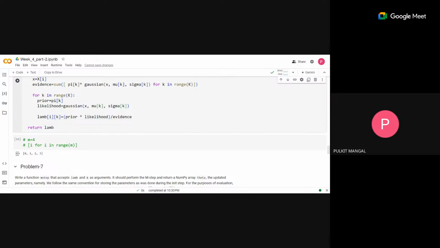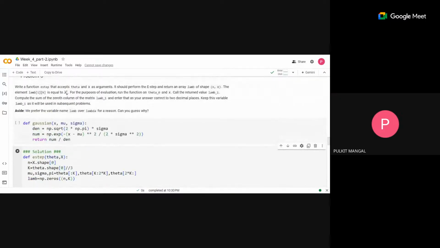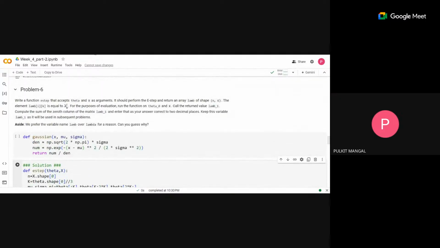So now, as we have defined our E step, the next thing we have to do is what it is asking: compute the sum of the zeroth column of the matrix. First, we have to run the function on theta naught and x, and the value we get we will call lamb1, and then we will compute the sum of the zeroth column of lamb1.